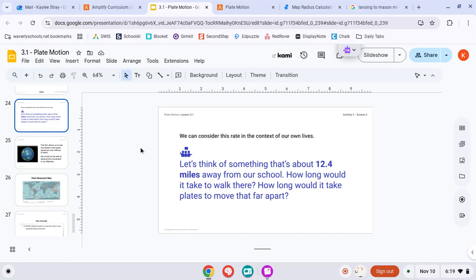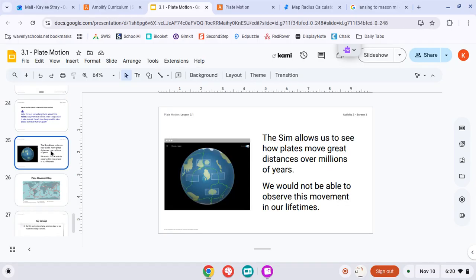Now think about how long it takes those big, massive pieces of hard solid rock to move 12.4 miles away. It's going to definitely take a really long time, slower than it would ever take us to walk there. Probably millions of years in order to move that far.